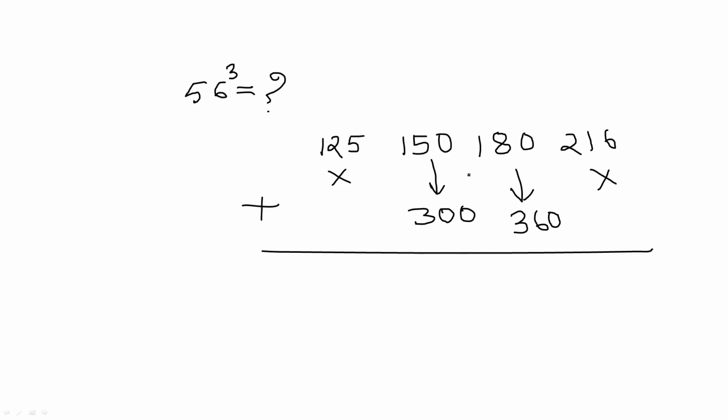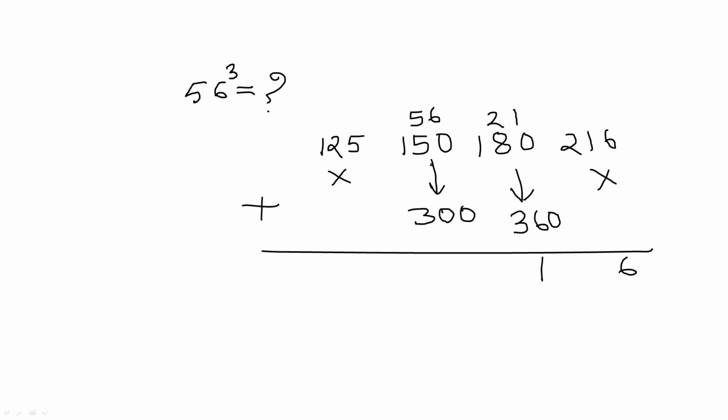So you can get only one digit here, 6, and this 21 you have to carry forward to the next digit. Now if I add together 21, 180 and 360, you will be getting what? 561. So 1 will be here, and 56 will be carry forwarded.